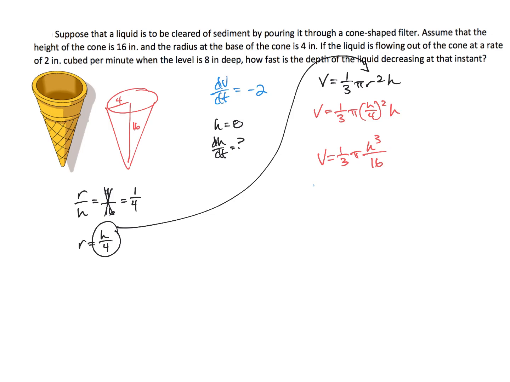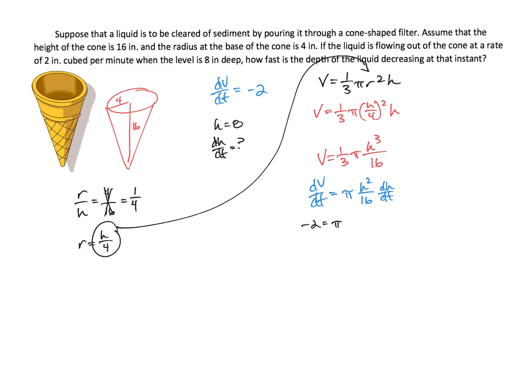What's the derivative of V? dV/dt. And now I take a derivative of h cubed, so a 3 comes out front. So now I just have a pi, and then I'd have h squared over 16. And then what pops out? dh/dt. All right, because I'm taking a derivative with respect to time, and I have h's. Now let's substitute in. What is my dV/dt? Negative 2 is equal to pi.